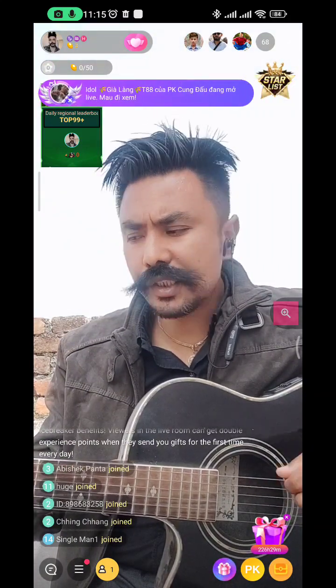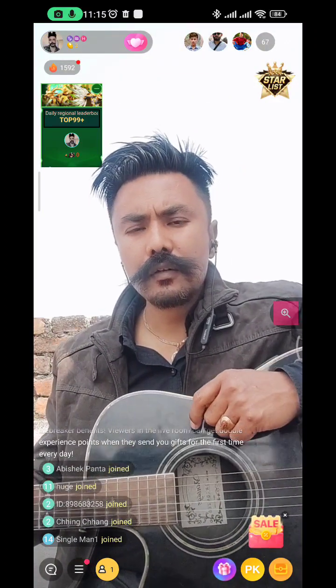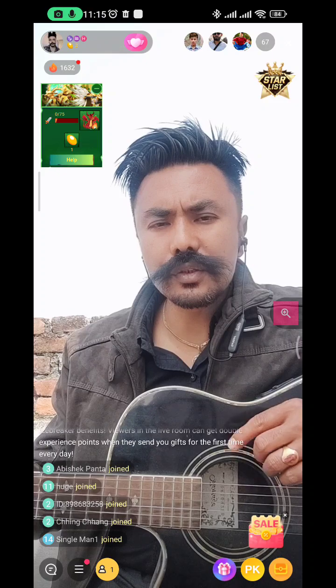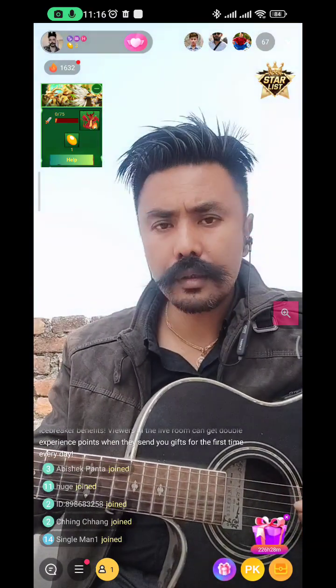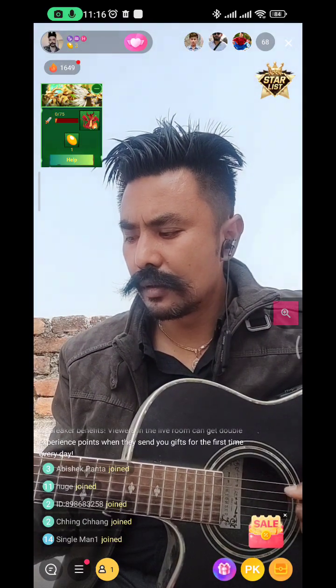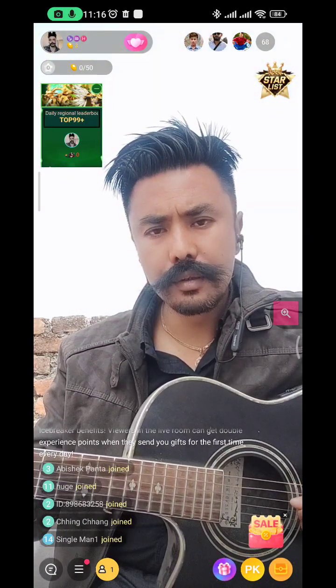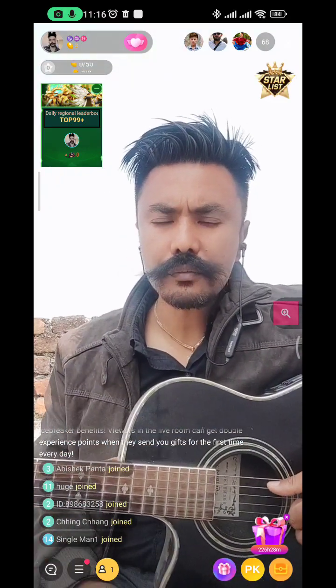Then to the major second, minor second, and to the first chord or the first note. So let me start again. It sounds like this, only the bass note.